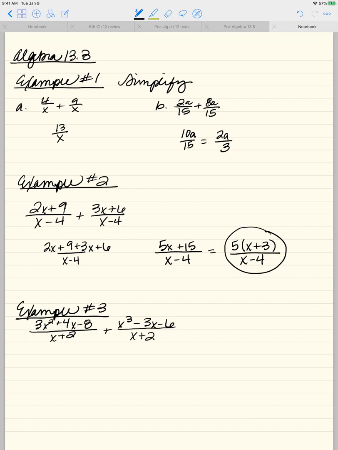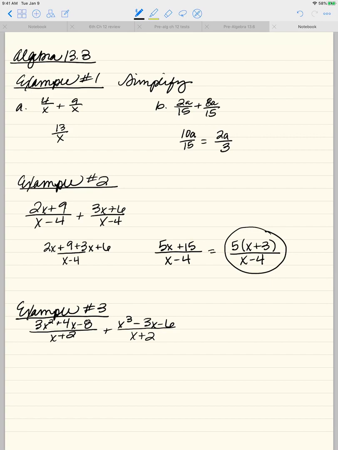There we go. Example number 3, we have a common denominator of x plus 2, so our numerator, we have 3x squared plus 4x minus 8 plus x cubed minus 3x minus 6. What we're going to do is add the numerators first.